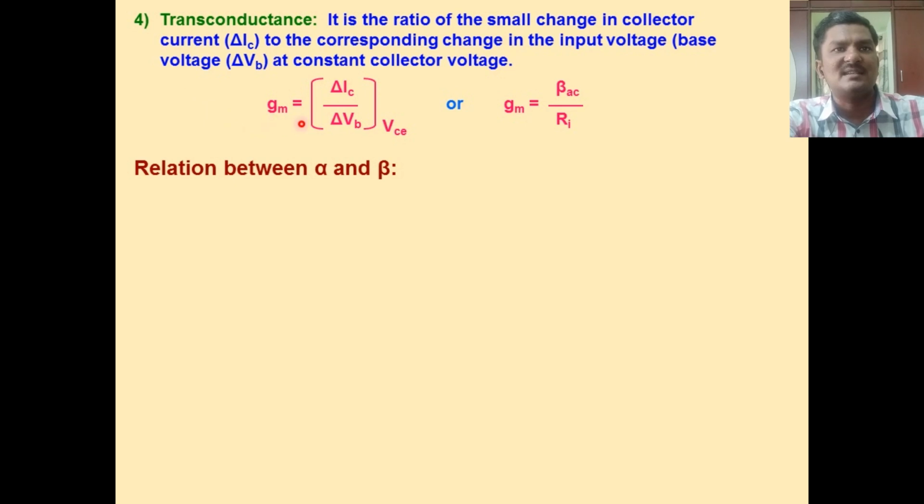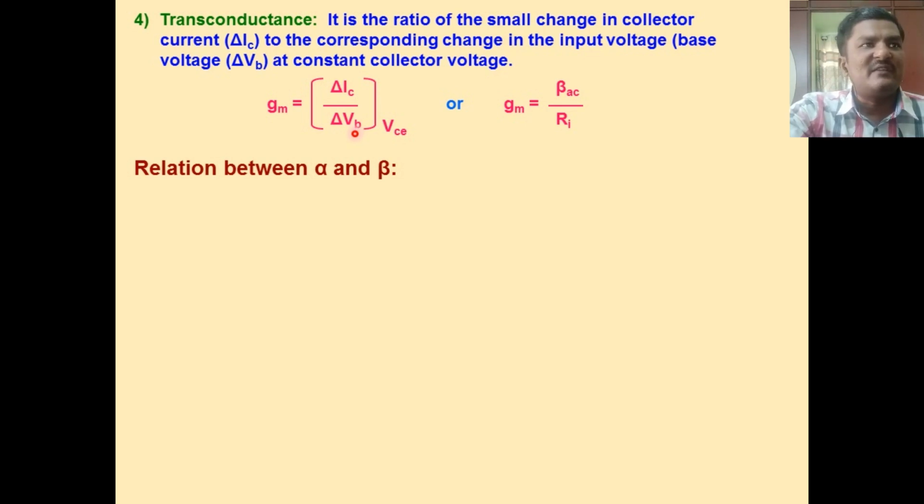Input voltage V equal to, according to Ohm's law, input current into input resistance, so IB into Ri. Delta IC by delta IB gives beta, so Gm equal to beta by input resistance.